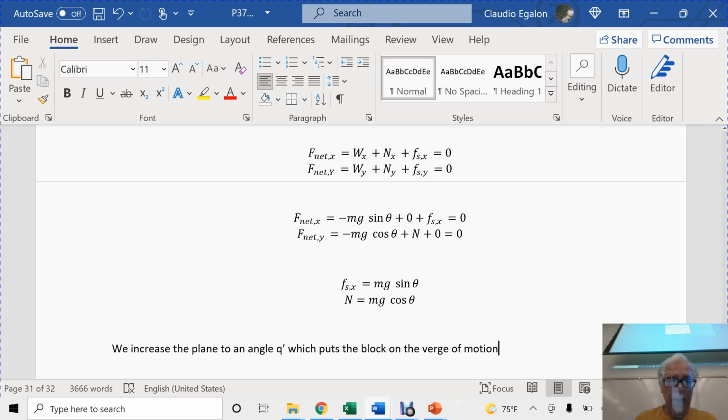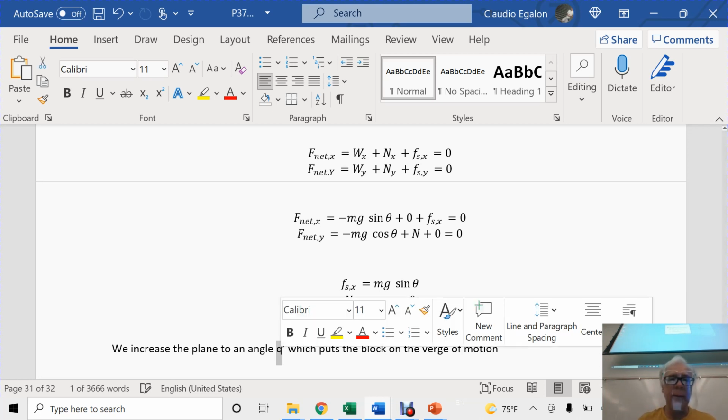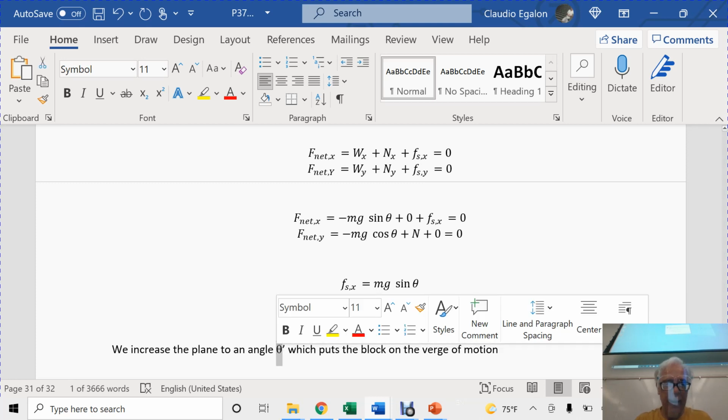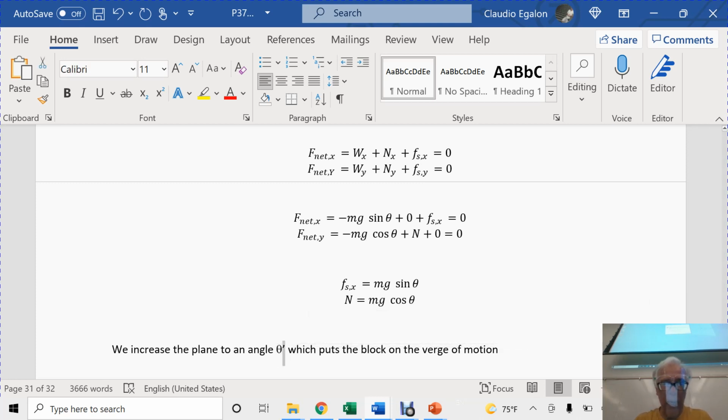So let's say this angle, theta prime, greater than theta. Increase the angle of the plane to theta prime greater than theta, which puts the block on the verge of motion.